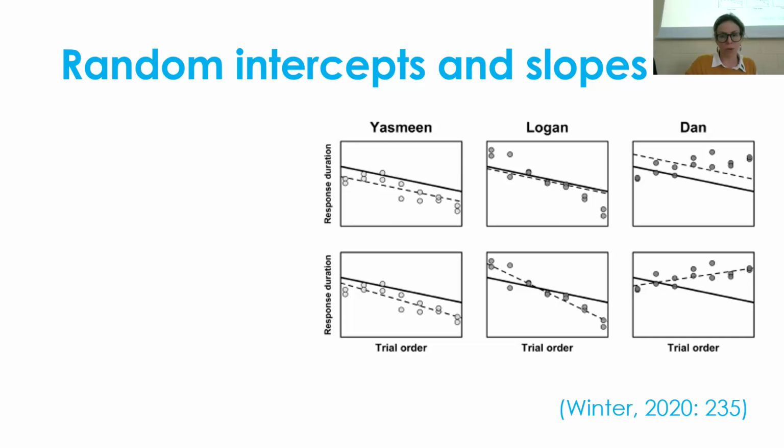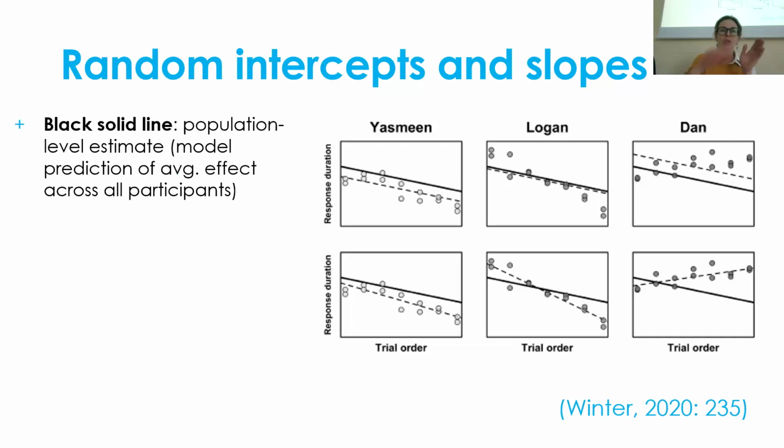So let's just look at what we are actually seeing on this screen. In each of these panels, you see people, right? There is a black solid line, which is in exactly the same place. The black solid line is the model prediction of the average overall effect across all participants, right? These are called linear mixed effect models, the hint is in the name.